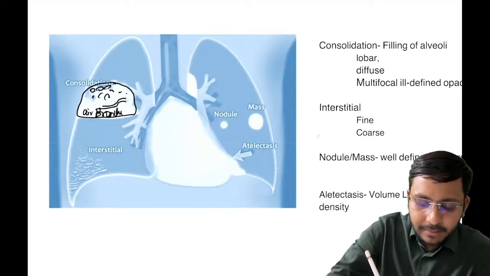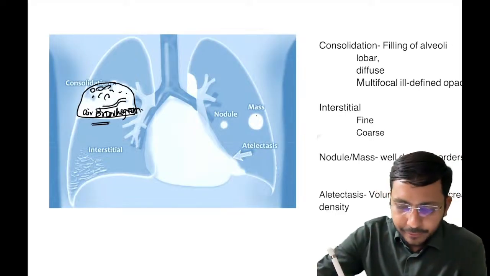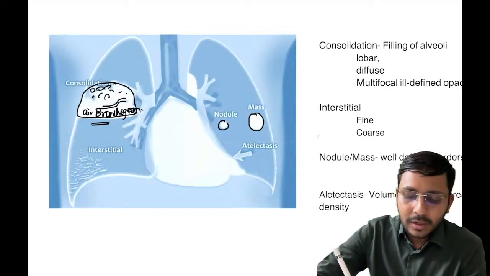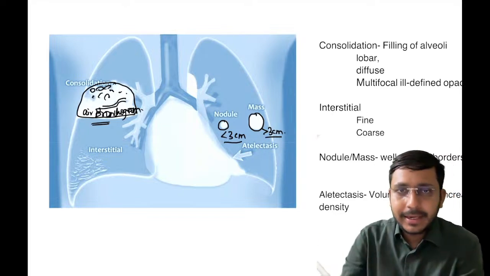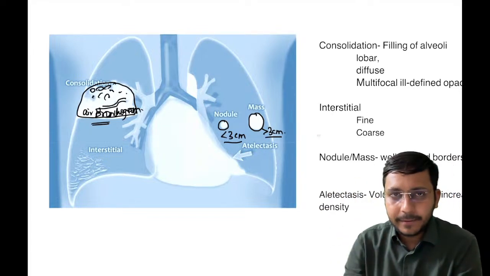If you see an air bronchogram, that means it is a consolidation. Now, if you see a rounded homogeneous opacity, it is a nodule if it is less than 3 centimeter, and more than 3 centimeter, we call it a mass.